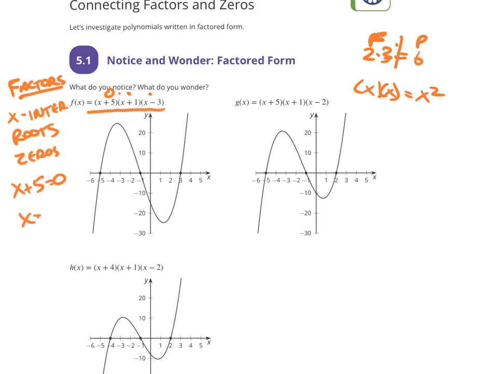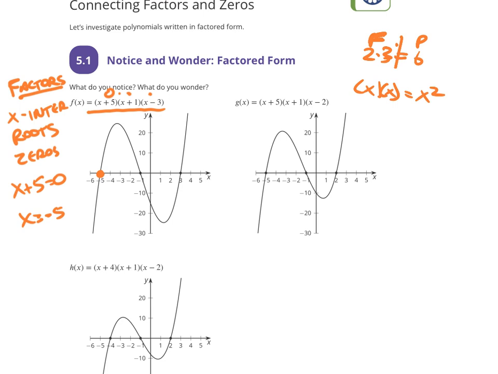And then we get x equal to negative 5. And what is negative 5? Negative 5 is our zero. So when x is negative 5, the polynomial is equal to 0. That is going to help us analyze these graphs.